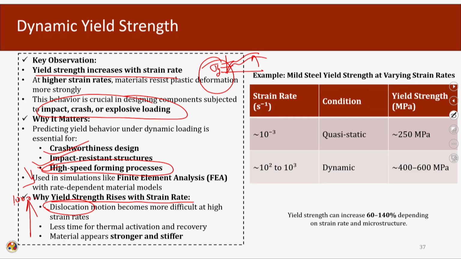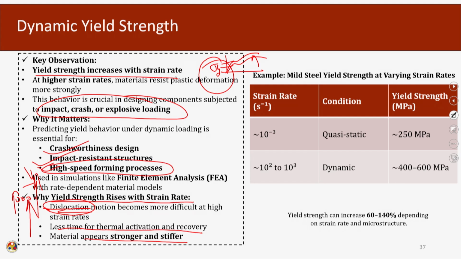And as the strain rate is increased, achieving this becomes more and more difficult. That is why it requires a higher amount of energy, and that is why the yield strength becomes more. There is less time for thermal activation and recovery, and the material becomes stronger and stiffer. There is an increase in the Young's modulus also.